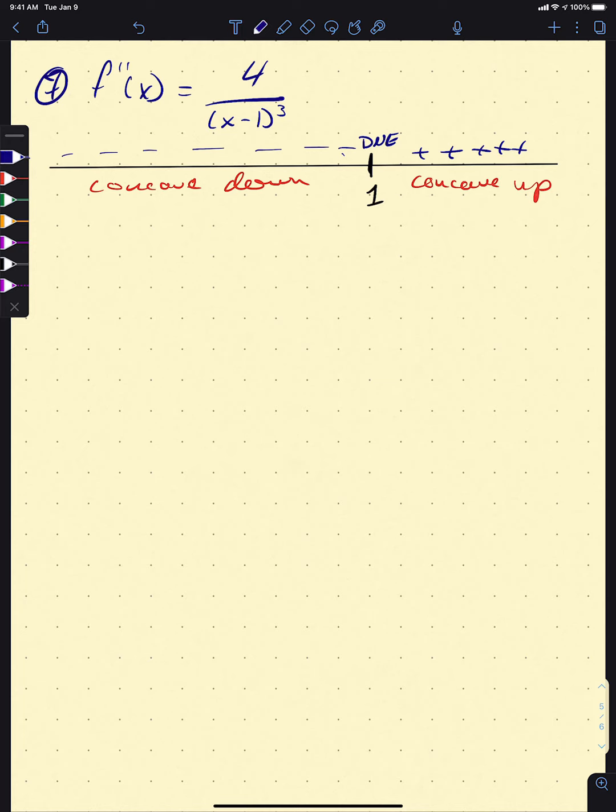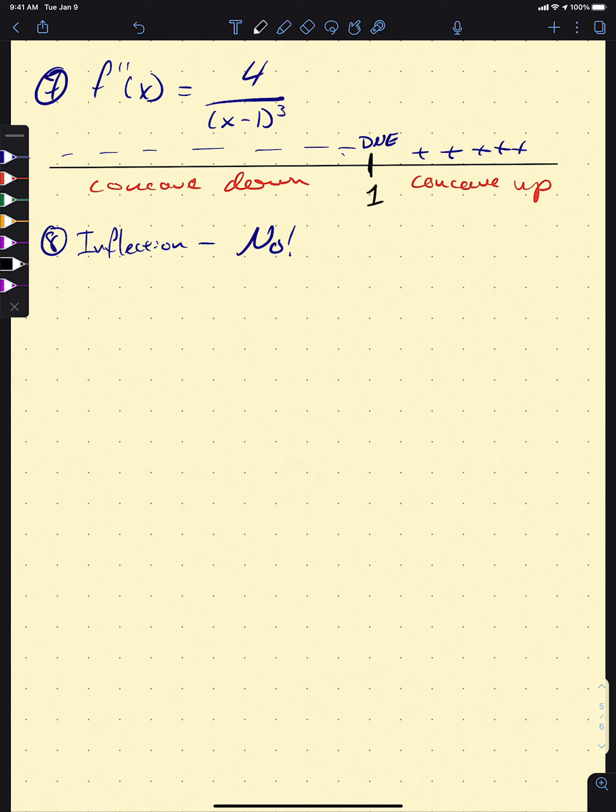And then step 8, points of inflection. Once again, none. The only, quote, candidate would be x equals 1, but as we've already said, that's not in our domain.